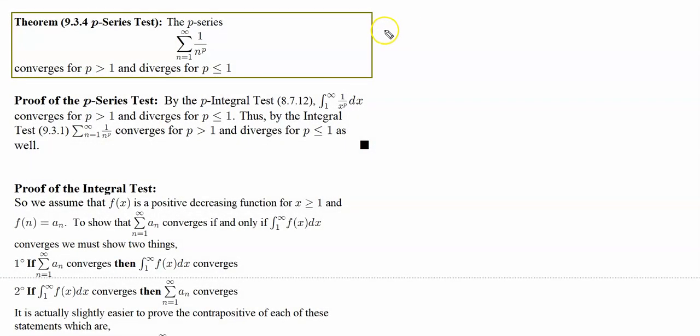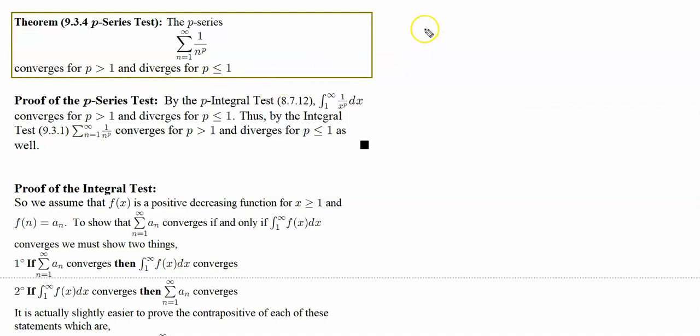Now let's take a look at this theorem. This is called our p-series test. This is an important result since we'll use it a lot when we study the domination test and the limit comparison test. So the theorem makes this statement. The series, the sum from 1 to infinity of 1 over n to the p power, will converge for p bigger than 1 and diverge for p less than or equal to 1.